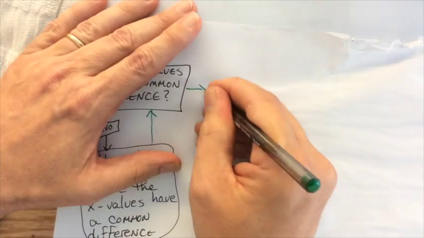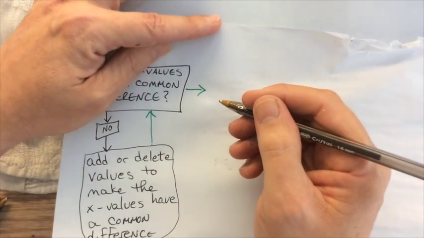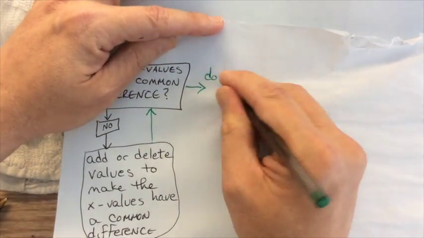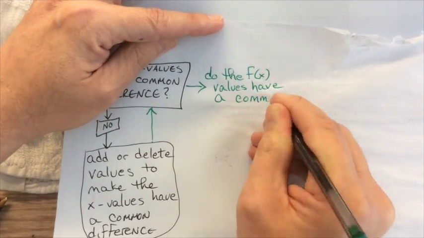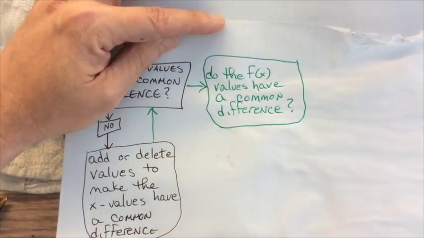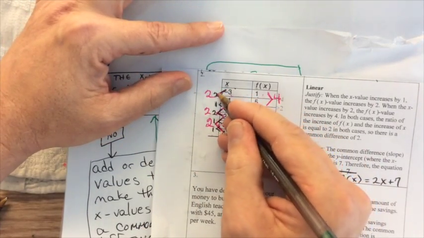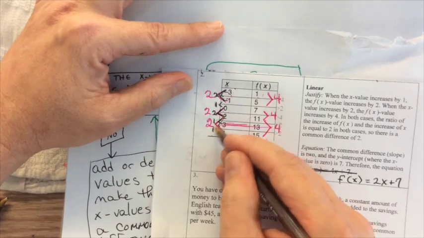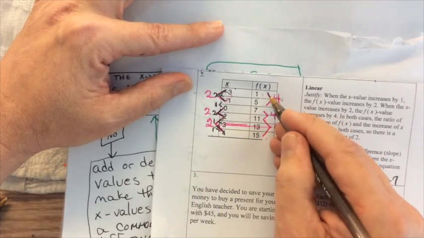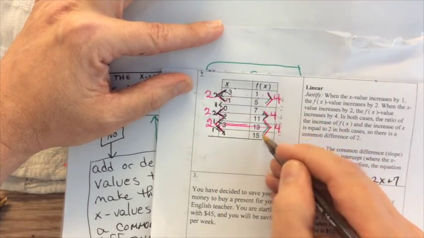And then once you've done that, you check to see: do all of the f of x values have a common difference? When we did that, we had a common difference over here, 2, 2, 2, and over here, 4, 4, 4.